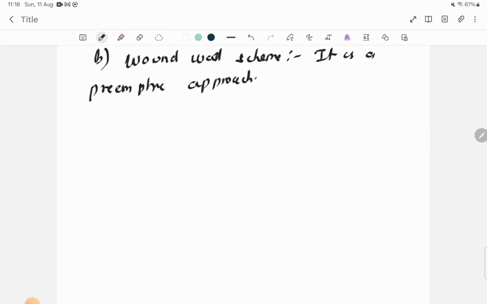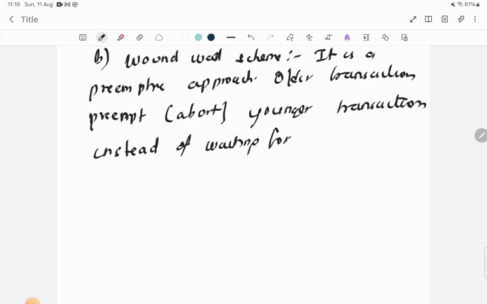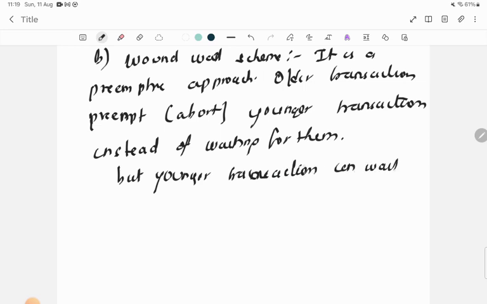It means that the older transaction preempts, which also means aborts, the younger transaction instead of waiting for it, but the younger transaction can wait for the older one.